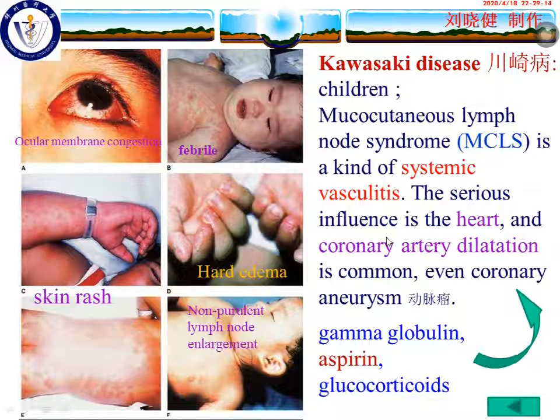So once it is diagnosed as Kawasaki disease, usually the drug therapy is very essential, including intravenous injection of gamma globulin and large dose of aspirin and glucocorticoids.